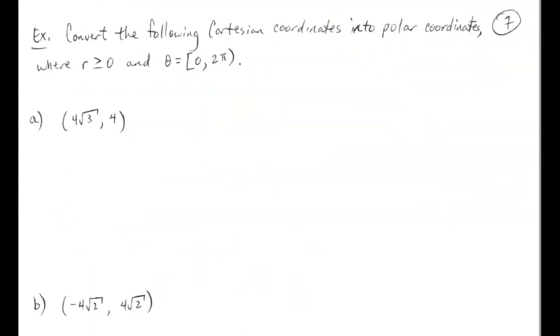Okay, so for our next set of examples, we're going to switch gears here. And instead of taking polar coordinates and converting them into Cartesian or rectangular coordinates, we're going to go in the opposite direction. So we're going to take a Cartesian coordinate and we're going to convert it into a polar coordinate.